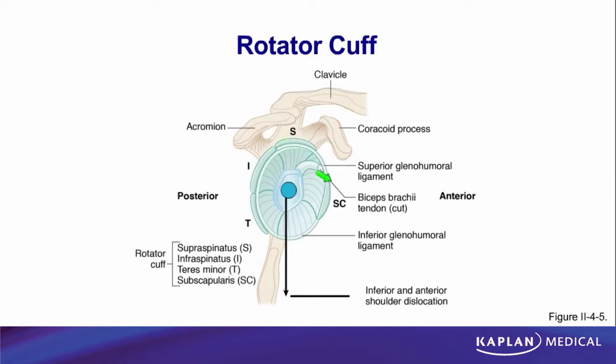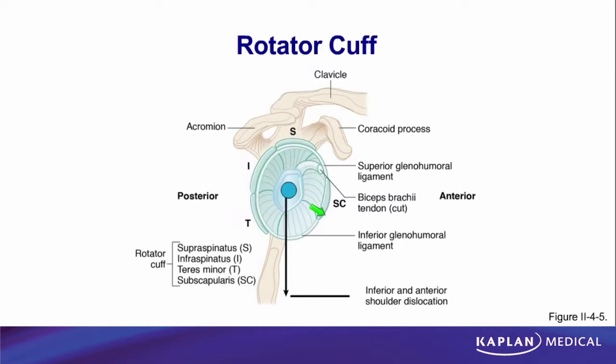On the front side of the joint, we have the subscapularis, reinforcing the front of the joint. On the back side of the joint, we have the infraspinatus and the teres minor tendons, reinforcing the back of the joint capsule. So those are our 4 tendons, supraspinatus, infraspinatus, teres minor, and subscapularis. It's called SITS, S-I-T-S. And you see that reinforces the back, the top, and the front of the joint.